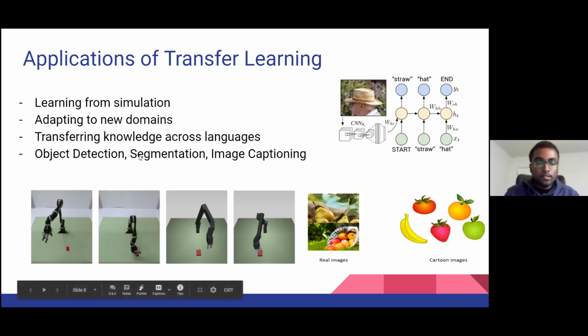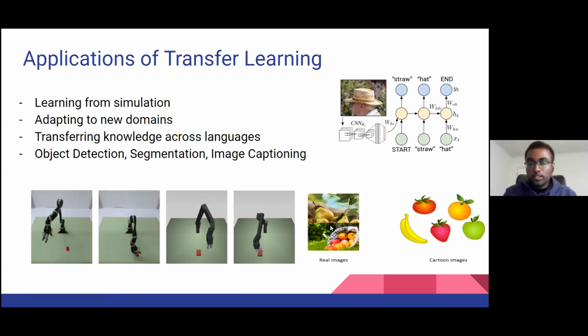The second one is domain adaptation. So for example, you can see here there are real images and cartoon images.